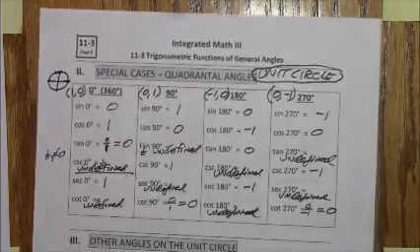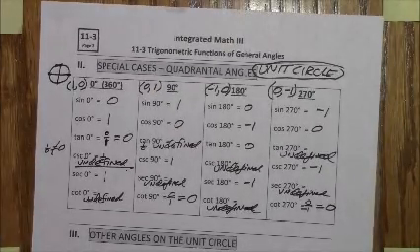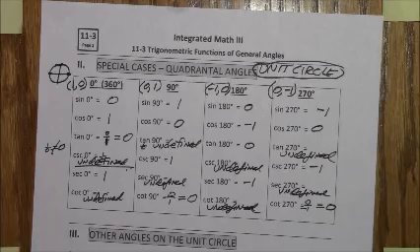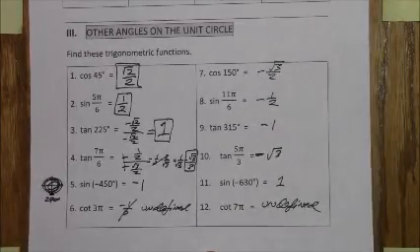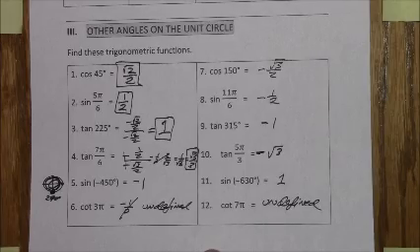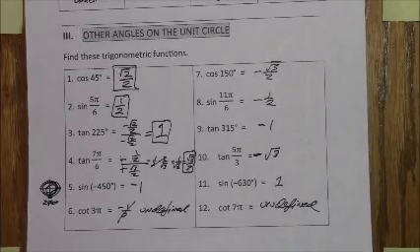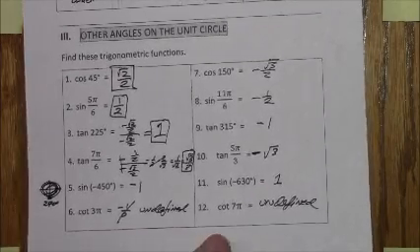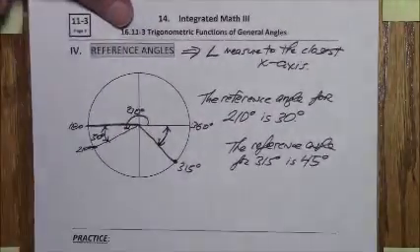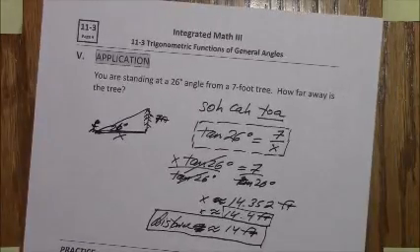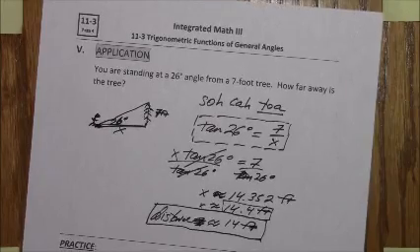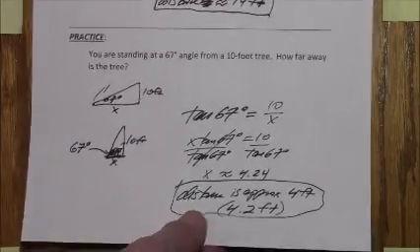On the unit circle, dealing with the quadrantal angles, the 90-degree and similar angles, using the unit circle to find sine and cosine and the other trig functions for angles on the unit circle in particular. And then you looked at reference angles, so make sure you're comfortable with that term and finding it whenever it comes up. And then this application of using one of the trig functions in order to solve a problem.